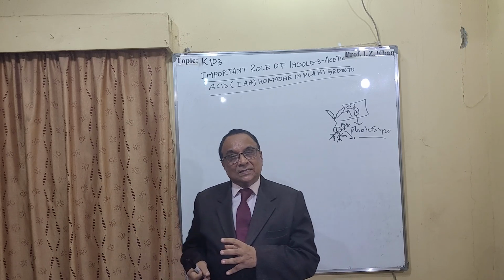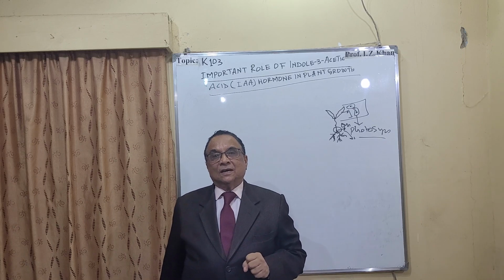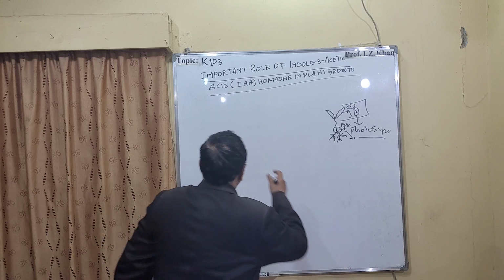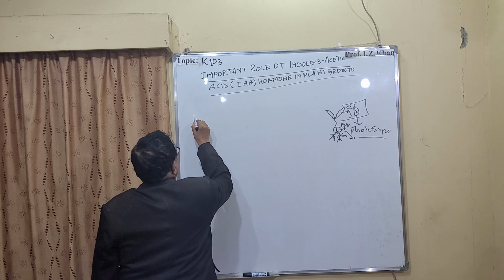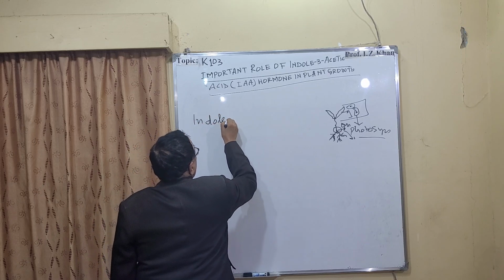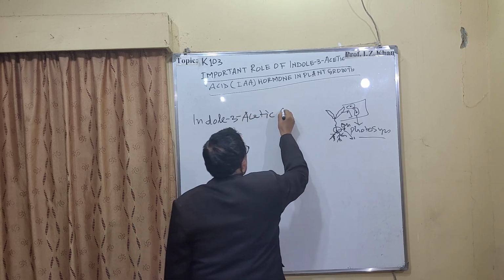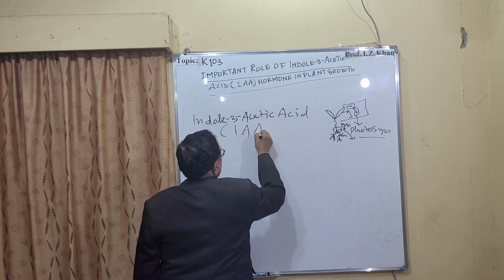That amino acid contains one benzene ring, one 5-member ring with amino group, and carboxylic acid. So this is called IAA.